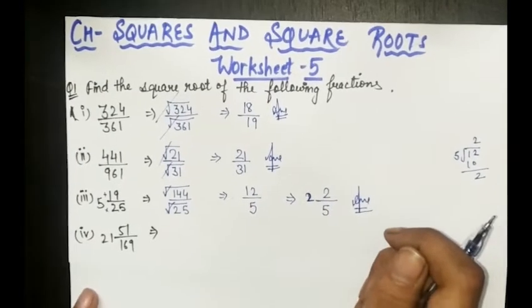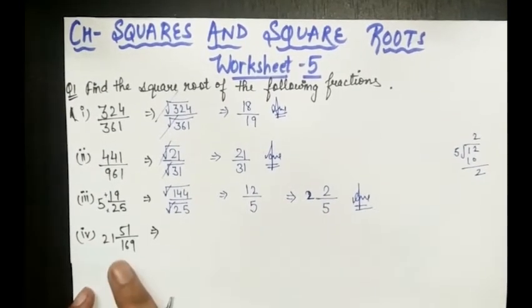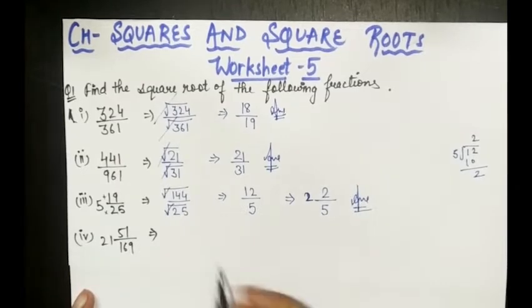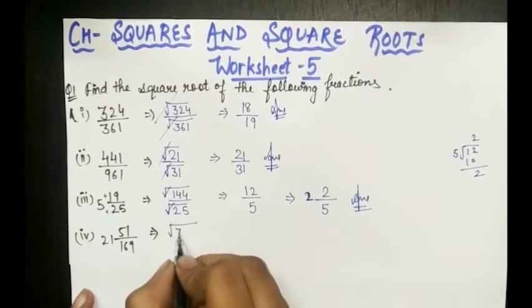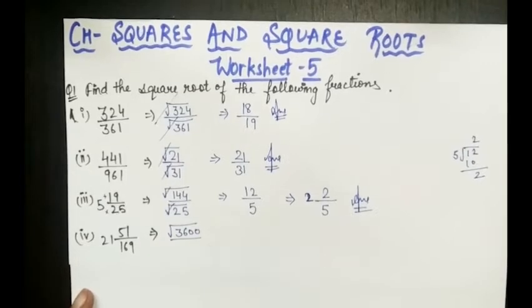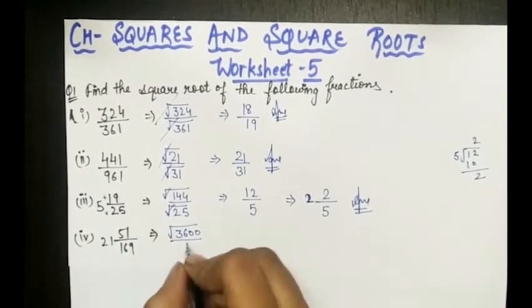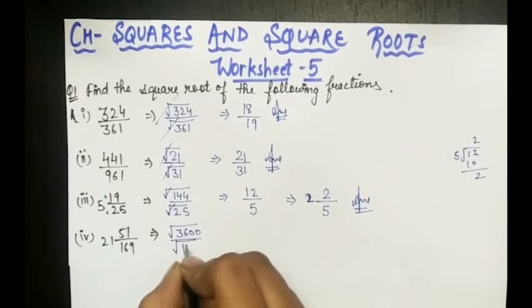Now similarly we have to do with this part, like 169 into 21 and then plus 35. That will be 3600. 3600 means root 3600 upon, and you all know that 169 is the square of 13, so you can simply write 13.